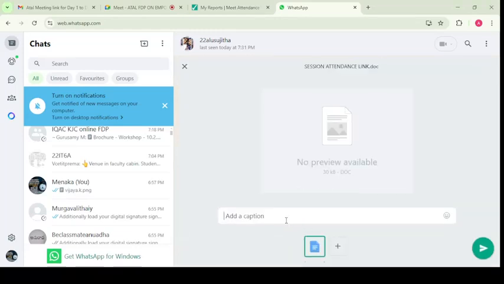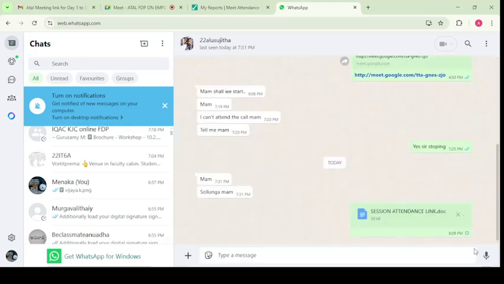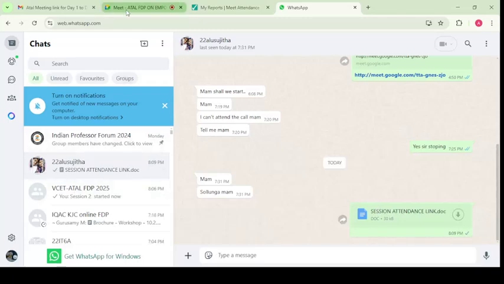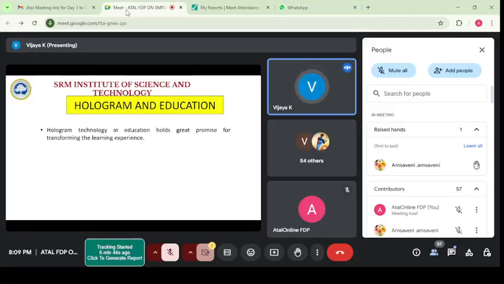Now, how is hologram going to be helpful for education? Basically, this technology is going to help us transform the learning experience. As I said, when we are talking about some concept, each person would have their own imagination about what the concept is.